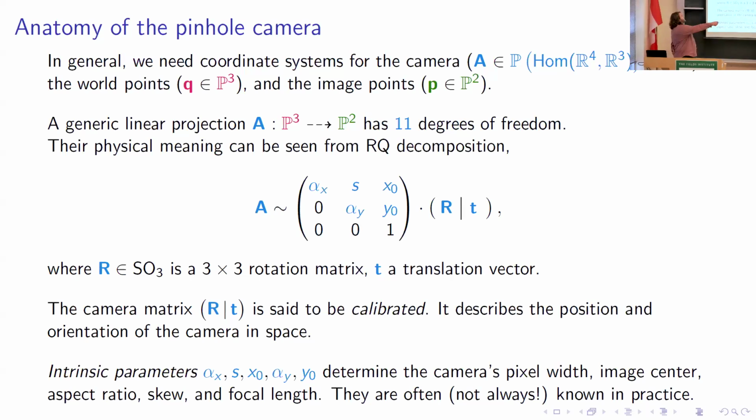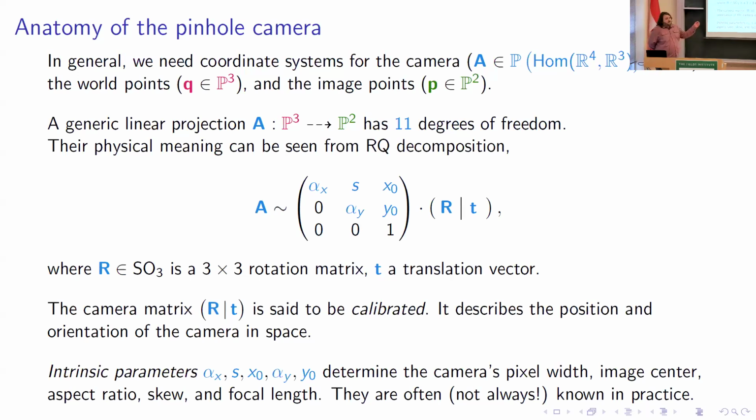So then the question is, what does this other bit, the left bit of the RQ decomposition mean? Well, in computer vision, this is usually denoted as K. This is called the calibration matrix. So it's got these entries alpha x and alpha y, s, x naught, and y naught. So x naught and y naught basically tell you something about the center of the image.